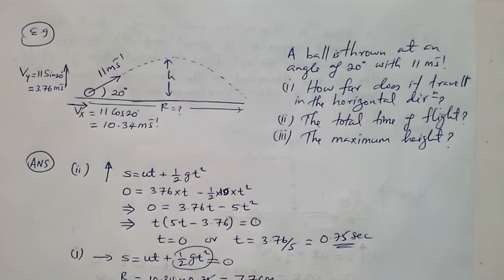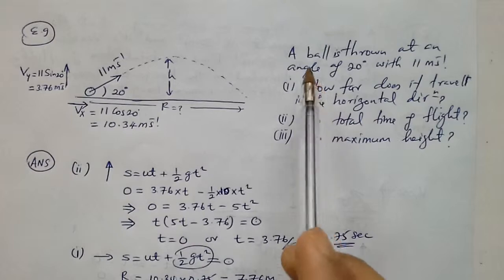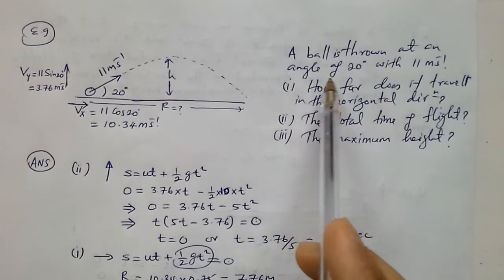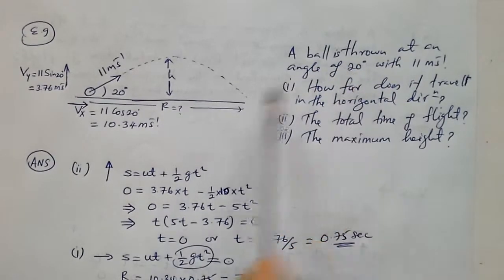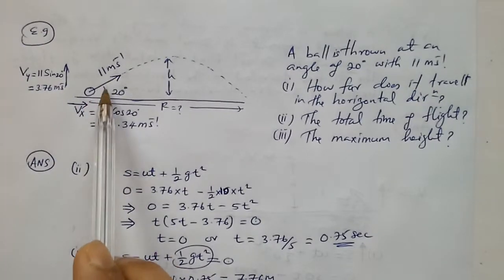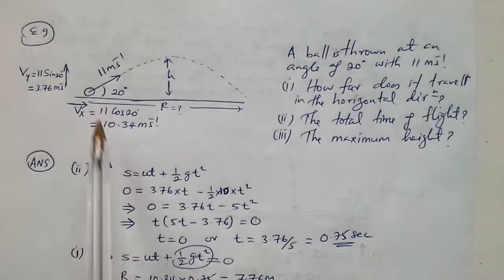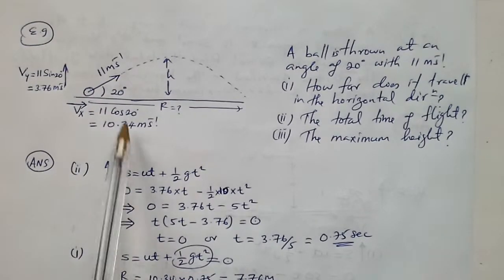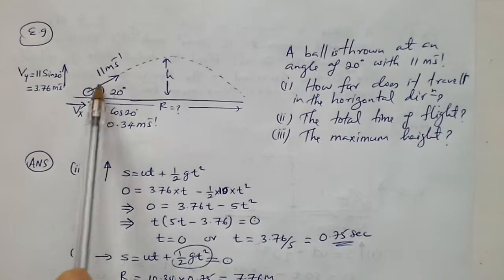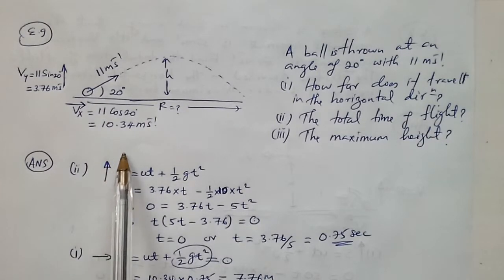Hello guys. So let's move to the next question on projectile motions. This time a ball is thrown at an angle of 20 degrees with 11 meters per second, with respect to the horizontal axis.